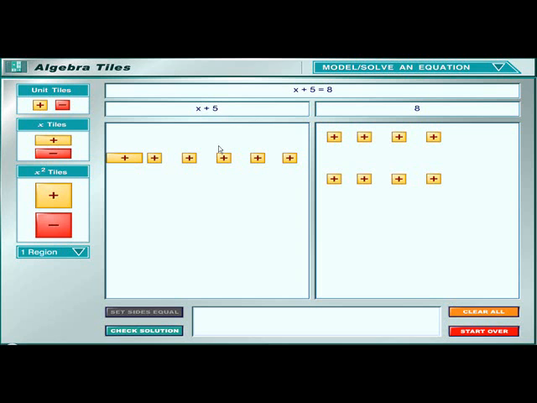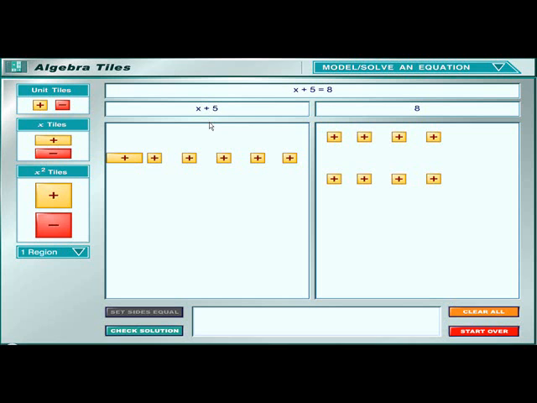To get x by itself, then we have to somehow cancel out the plus 5 or the positive 5. However, we cannot just cancel out plus 5 or we will throw the whole equation out of balance.